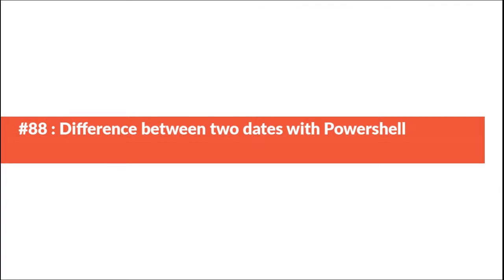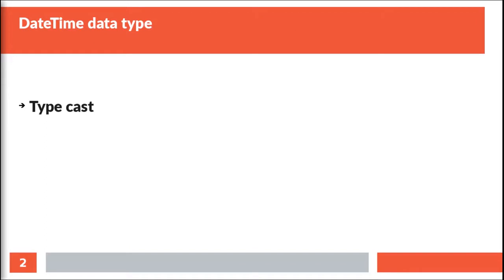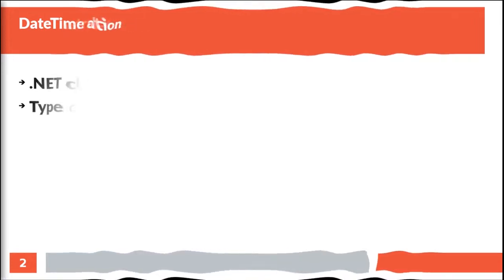Instead, we can try the DateTime data type, which is one of the .NET framework classes that can be utilized. So here we'll use the DateTime data type. We need to do a typecasting, and once we have this, we can utilize the date calculations wherever possible.